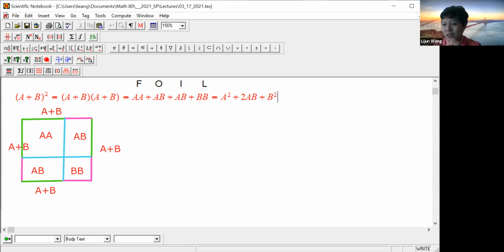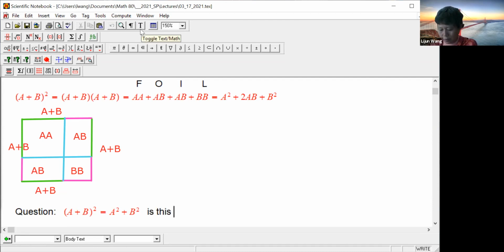So now my question is, if someone tells you, or if you are the teacher, you're grading a piece of work, and this student tells you (A plus B) squared is equal to A squared plus B squared.